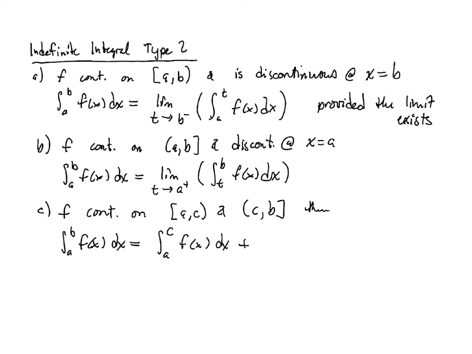which is a limit, and that's a limit that has the same type as type A, plus the integral from C to B, where the discontinuity is now on the left, f of x dx. So this one is another limit.